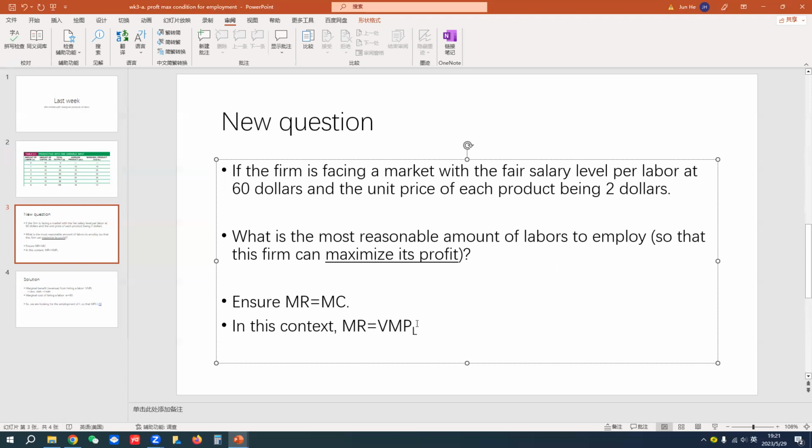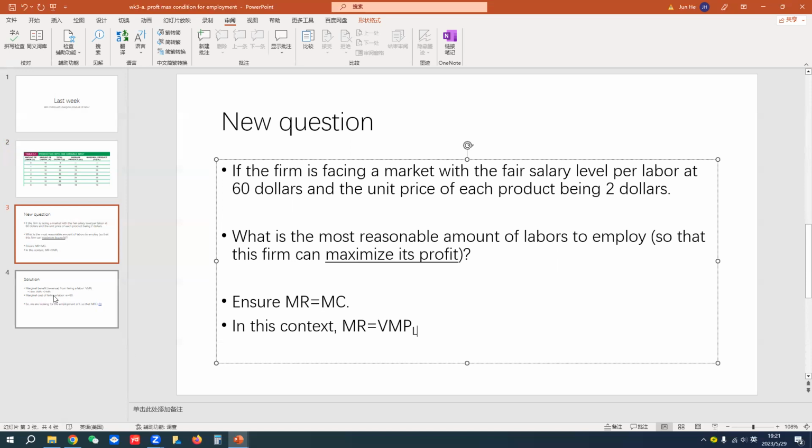How much output can be increased by hiring each additional unit of labor, but that's output, that's the number of units, right? That's books, how many books you have, but each book has a certain price. So in order to see the pecuniary value created from each additional labor hired, we need to convert that into its market value, namely price multiplied by the marginal product of the corresponding level of employment.